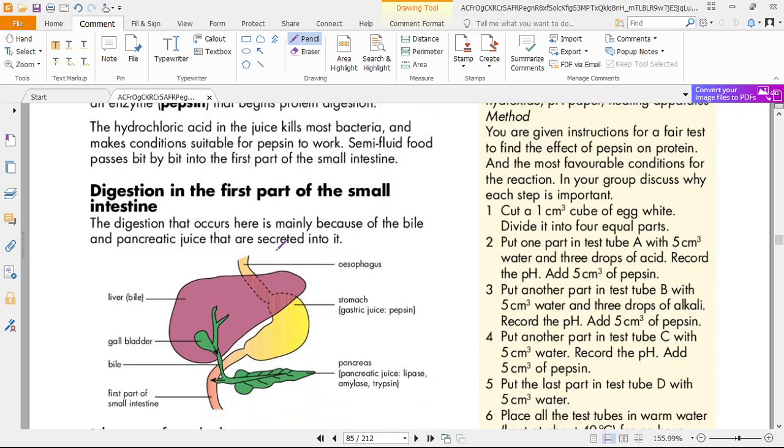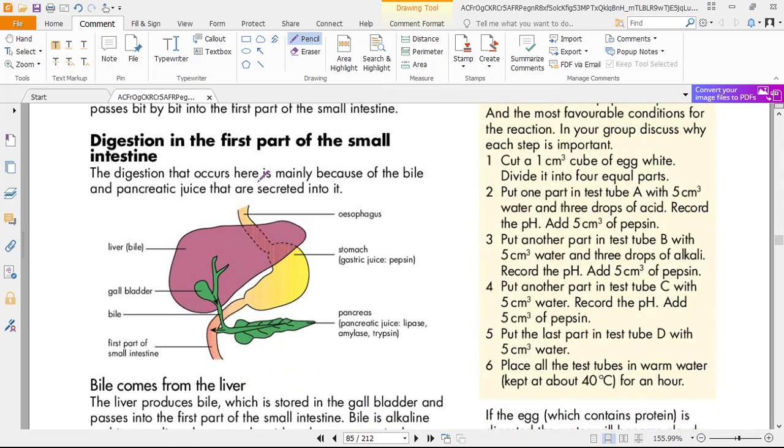now the digestion that occurs here is mainly because of the bile and pancreatic juice that are secreted in it. So the ball of food leaves the mouth and comes through the esophagus through peristalsis, right? And then enters the stomach.